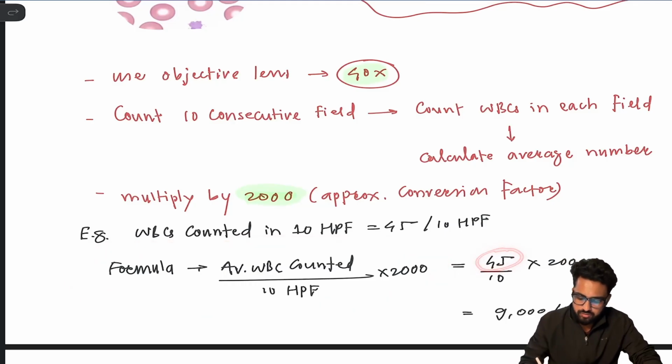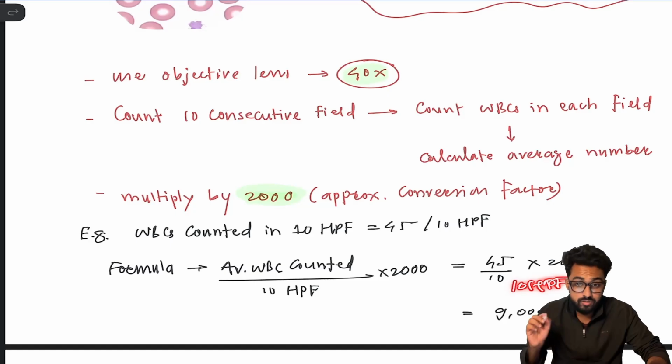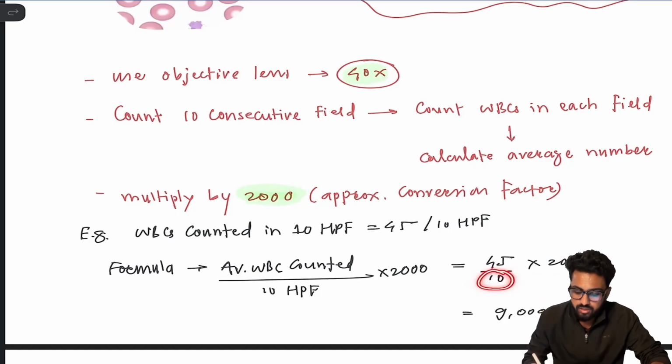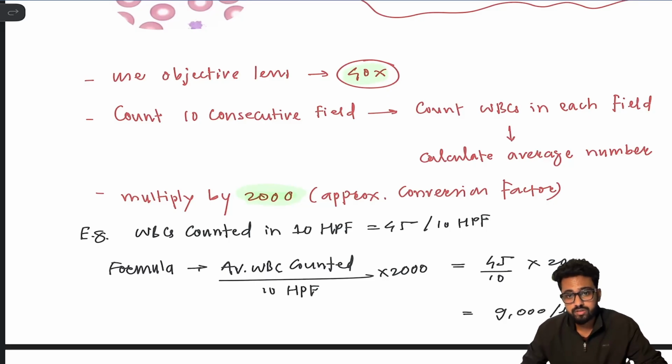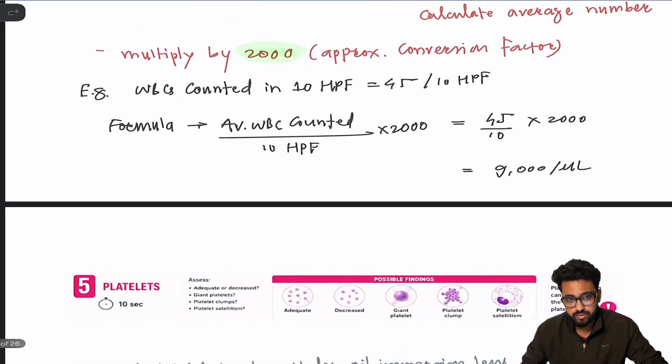These are your calculated WBC, that is 45. These are the 10 high power fields as I mentioned earlier. We calculate 10 high power fields, so this is 10 and multiplied by 2000. So total WBC count is 9000. So this is your total leukocyte count. That's how you calculate the total leukocyte count manually.